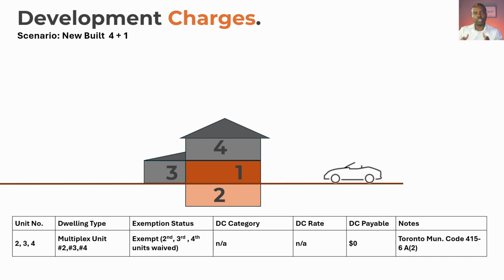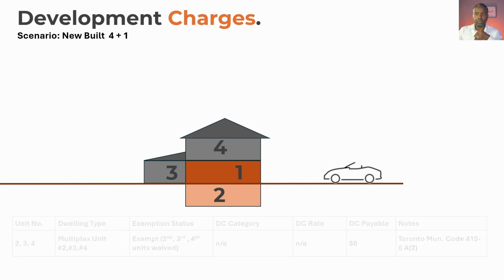Times 3 is $180,000. As you can see, those can very quickly add up. It's very important that you do your own research as well. You can look at the Toronto Municipal Code 415, section 6. That's where you'll find all this information that I'm discussing here on this recording.